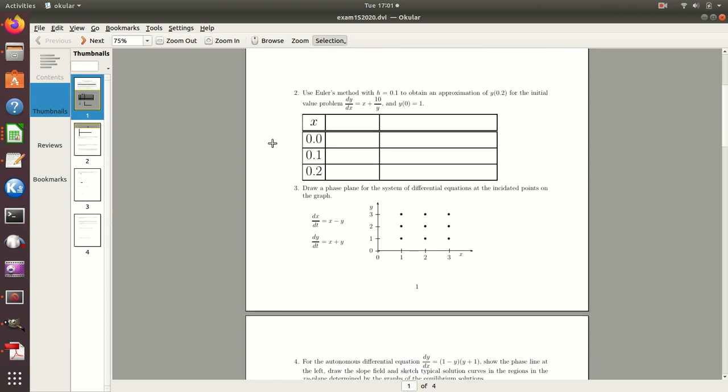Euler's method, again, because of what it is, is really getting at, do you know what a differential equation is telling you? This dy dx is telling you the slope at any given point, and all Euler's method is using is the tangent line at a given point. We're given our first point, 0, 1, because y of 0 equals 1, and we're given the slope if we plug 0 and 1 into it.